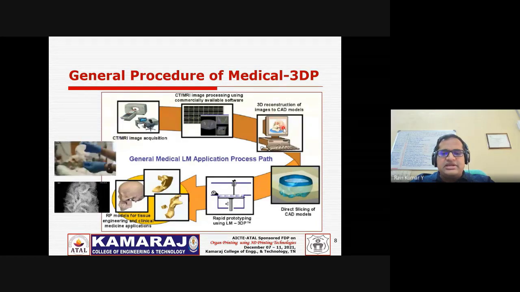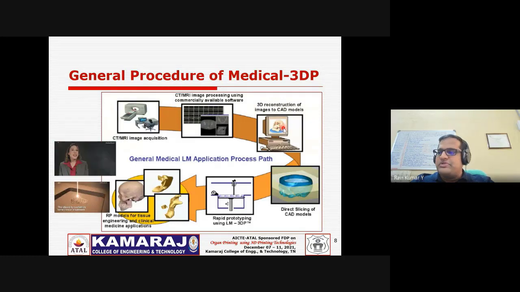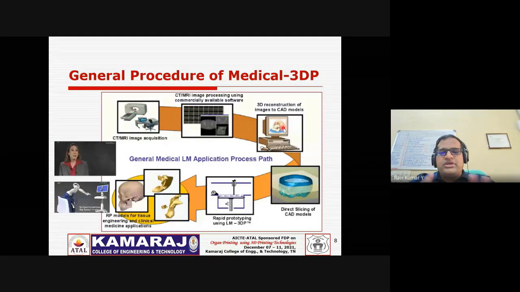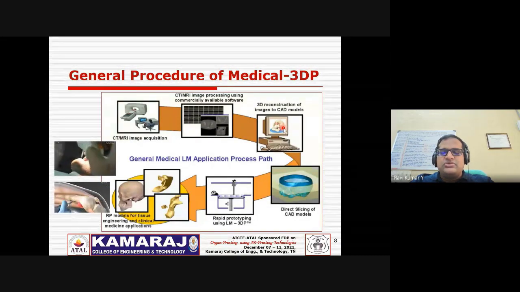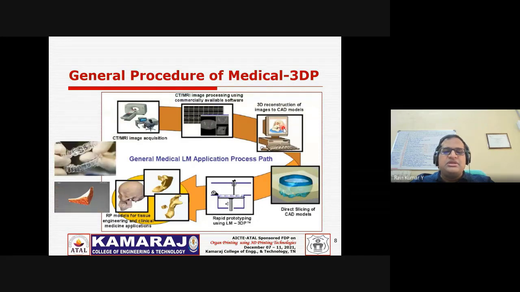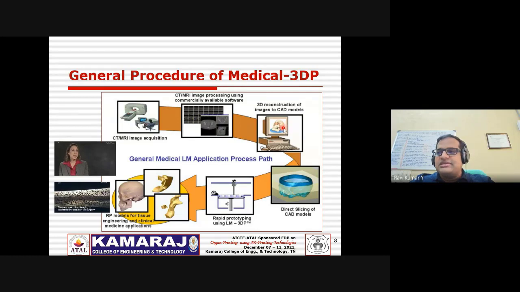What are the steps involved in that standard 3D printing process? I hope you are very much familiar with them by this time. You use the process plan that you come across in a typical 3D printing process, by fixing the orientation, generating the supports, and then generating the cross sectional data or layers.